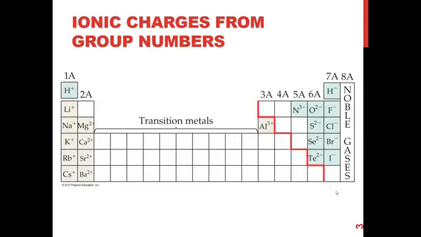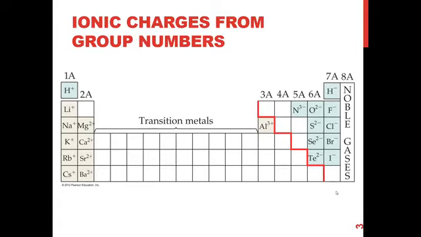You might recall that several monoatomic, meaning single atom, ions can have their charge deduced from the periodic table, specifically from the group in which the parent element of that ion is located. Remembering that all elements located in group 1A have a 1+ charge. All metals located in group 2A have a 2+ charge. Aluminum, the metal located in group 3A, has a 3+ charge.